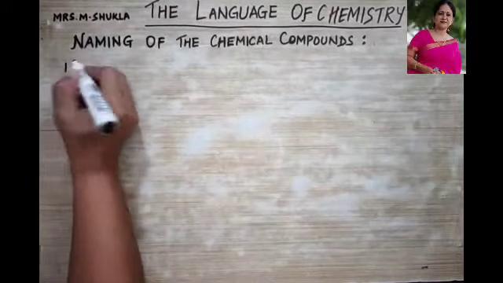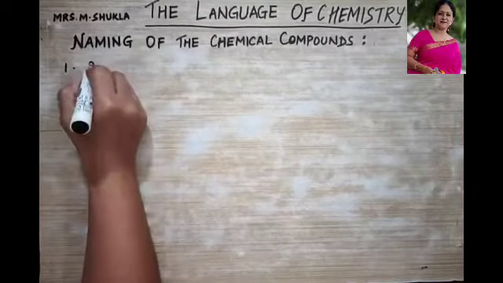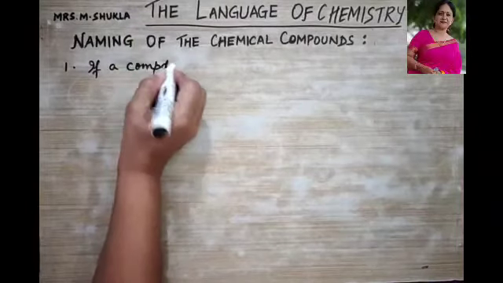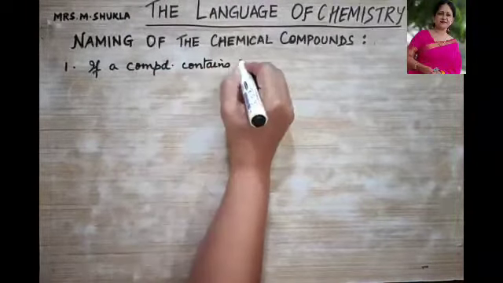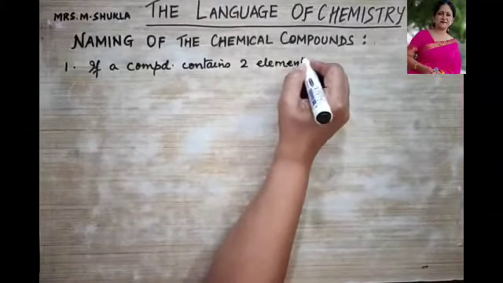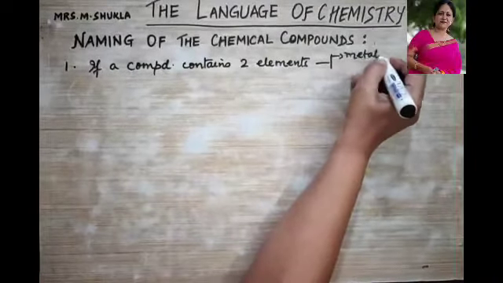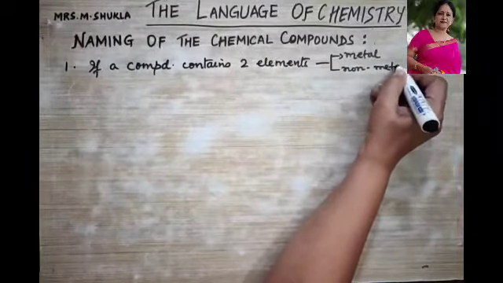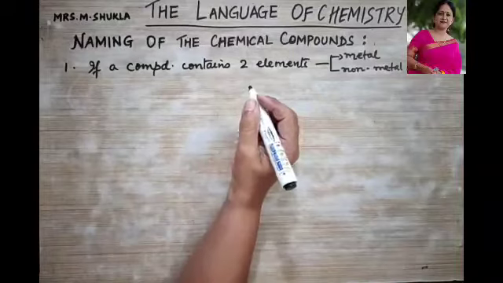First thing, if a compound contains only two elements, that is, one is a metal and the other one is a non-metal, then how are we going to name them?